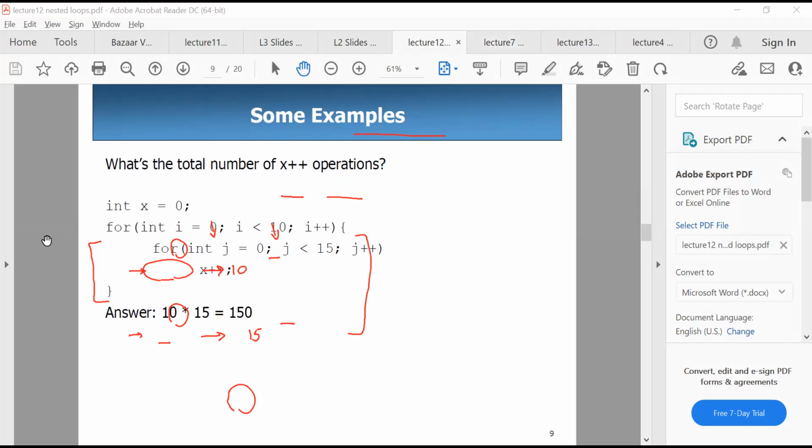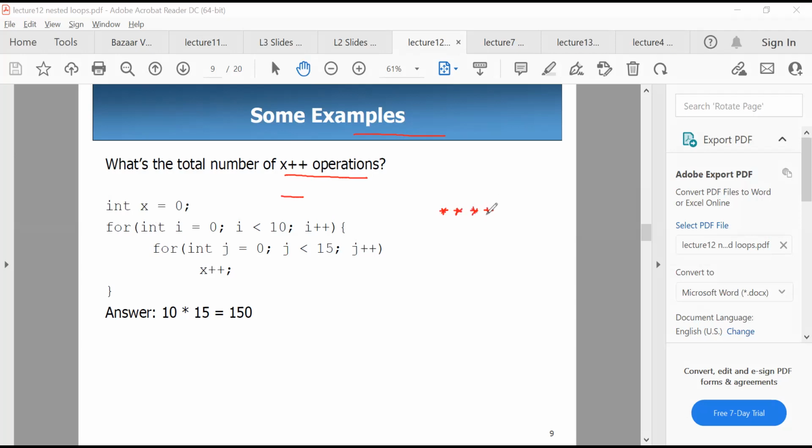Now he is discussing the nested for loop. If you have a nested for loop, the number of x plus plus executions will be slightly different. You remember the asterisks that you kept printing across the screen when you executed this nested for loop.